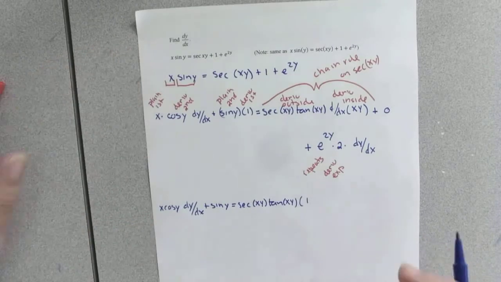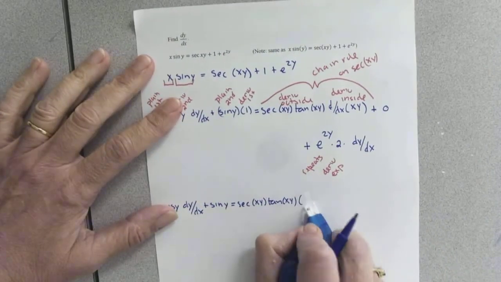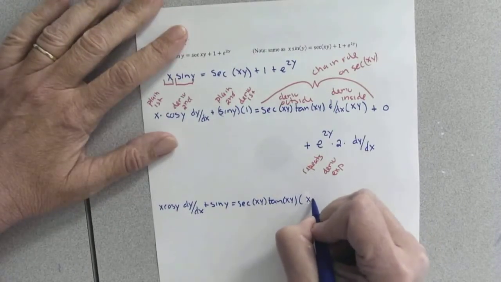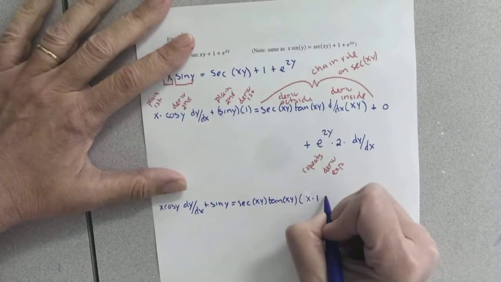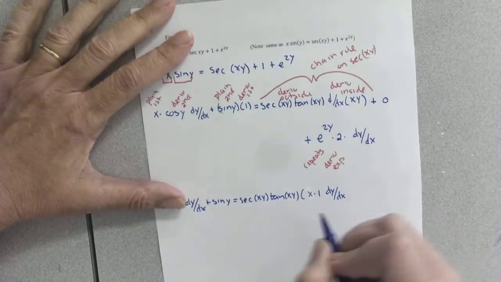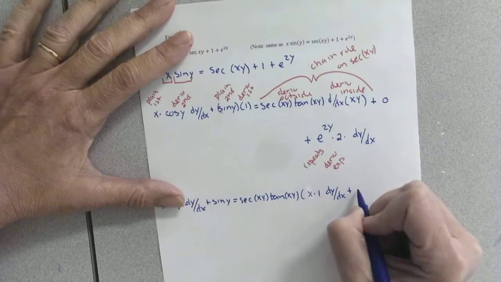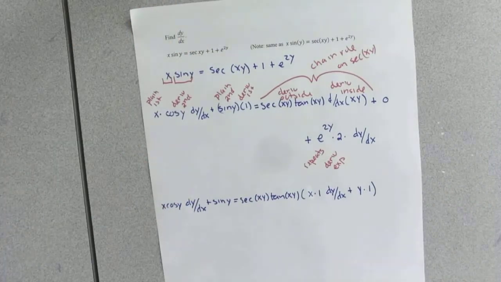So plane first, derivative second. Derivative of y is 1, but I just differentiated a y, so it's followed by dy dx. So there's plane first, derivative second, plane second, derivative of the first.